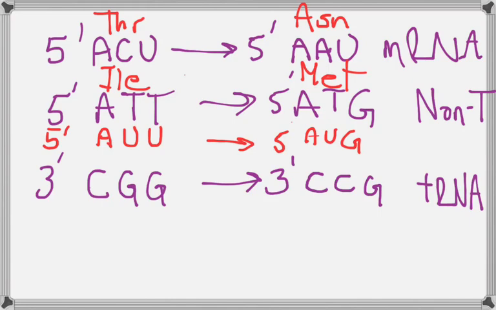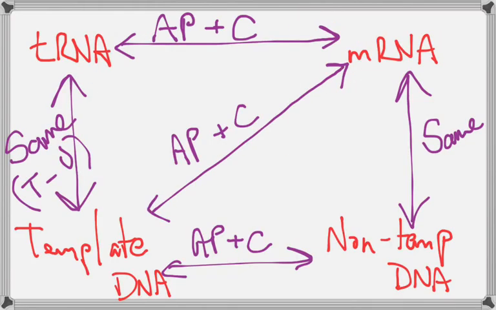You're absolutely right, but what's the relationship? So let me go through this real quick. If we were to just make the jump from non-template to mRNA, it's the same sequence, okay? But another way to think about this would be to do the following route.